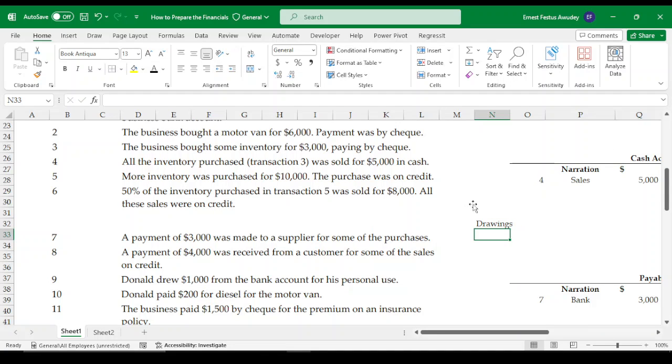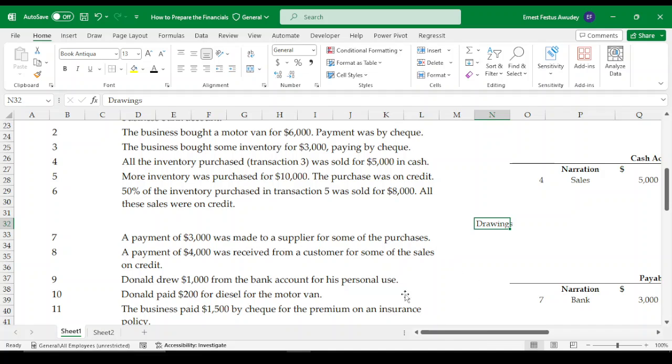Drawings occur when the owner of the business, usually in one-man businesses or sole proprietorships, decides to withdraw money or take goods or inventory from the business for personal use, and so we call these drawings.